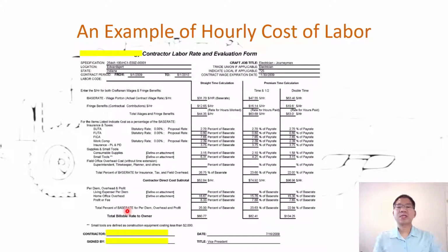So you can see, for example, here, if it is work for standard time, the worker only receives $60.77. If it is overtime hours, it is $82.41. Why? Including fringe benefits, all of that, the bill to clients may be $100.04 and $104.